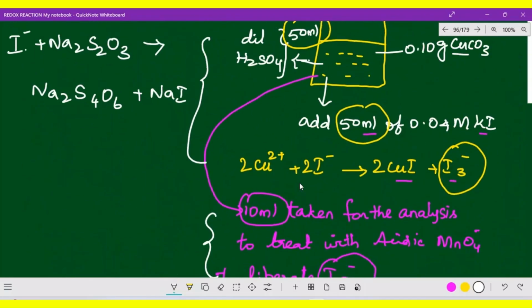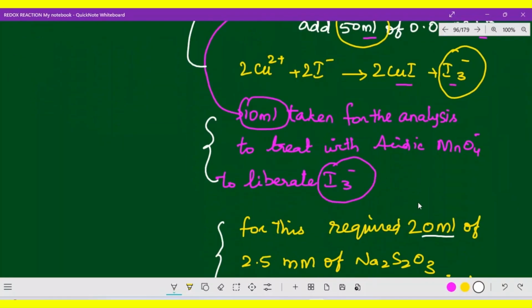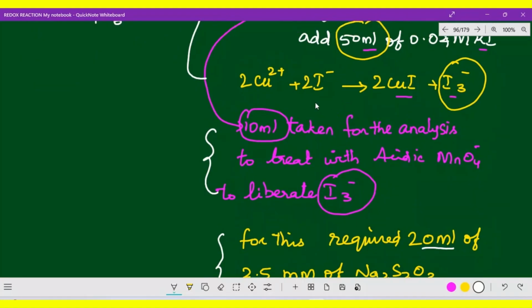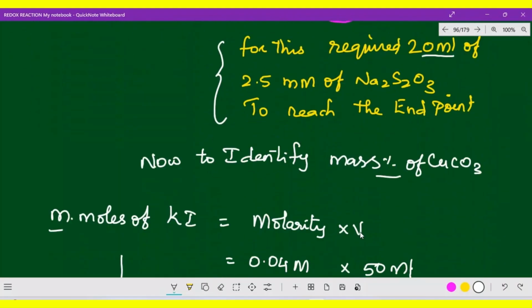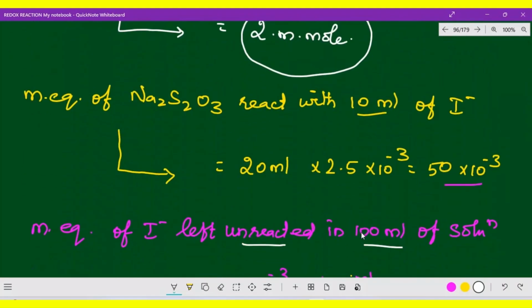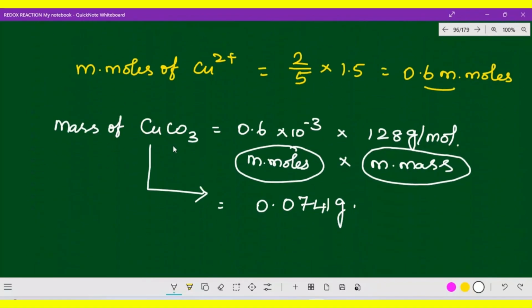Here 50 ml of H2SO4 and 50 ml of 0.4 M potassium iodide. In that, 10 ml has been taken for that treatment to eradicate I3-. That is the point. So that means 90 ml is unreacted and 10 ml only reacted. That is how we got that 0.6 millimole, and from that we got the mass of copper carbonate.